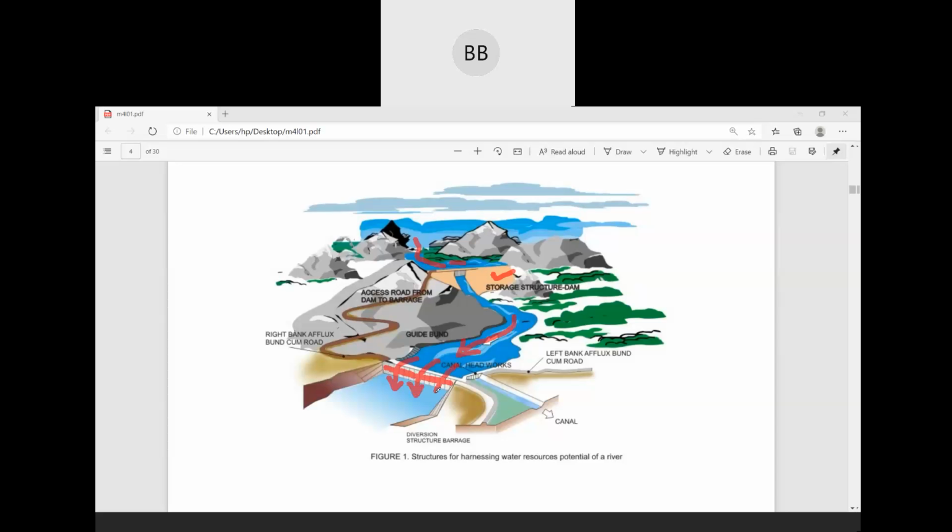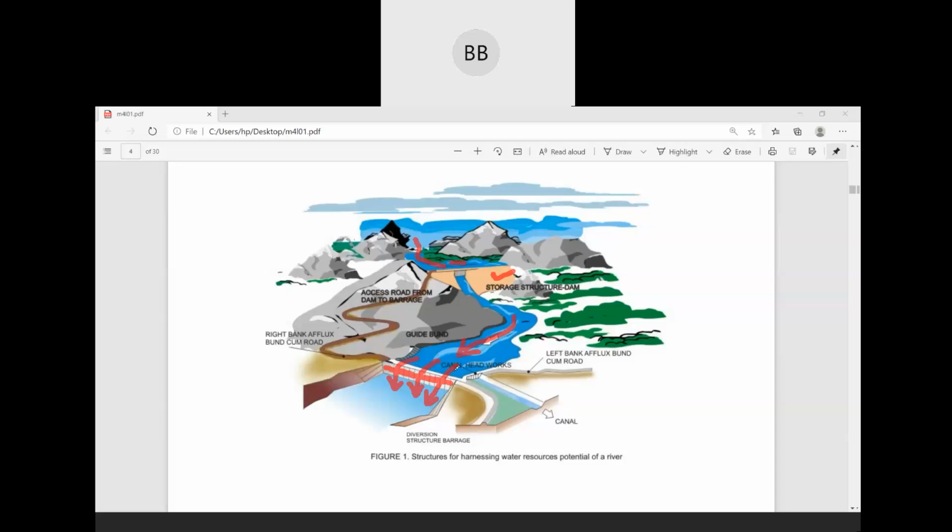Have you understood? A barrage is nothing but an obstruction to the flow. So the water level will increase, and after some time it will overflow over the barrage.